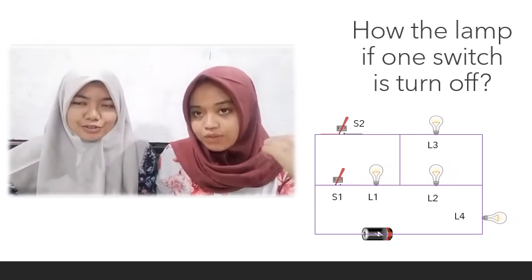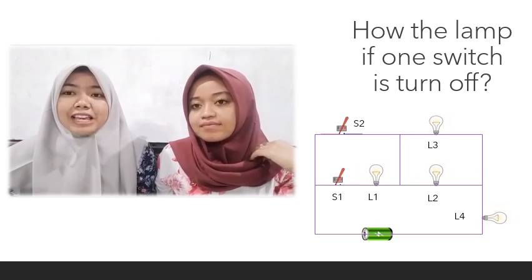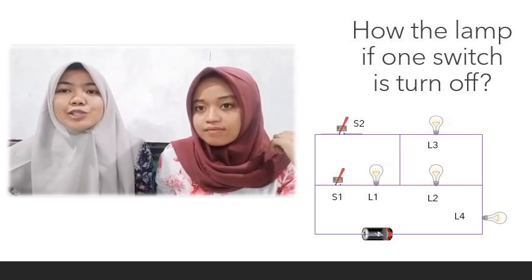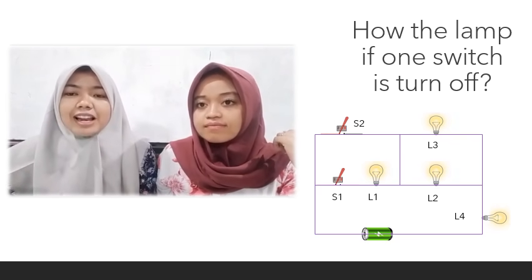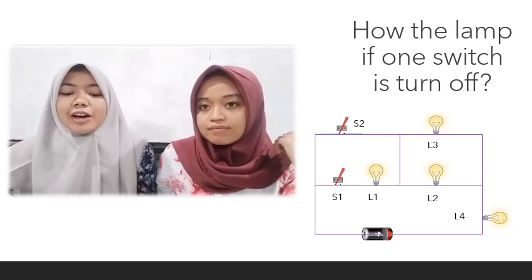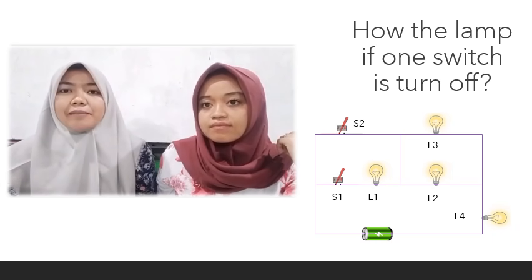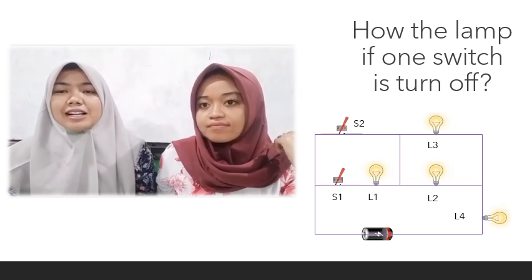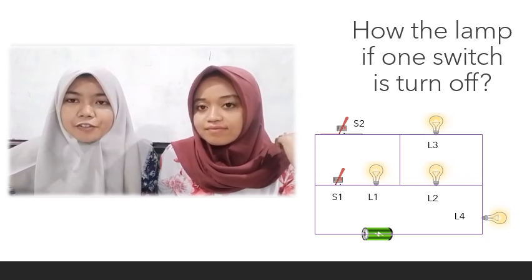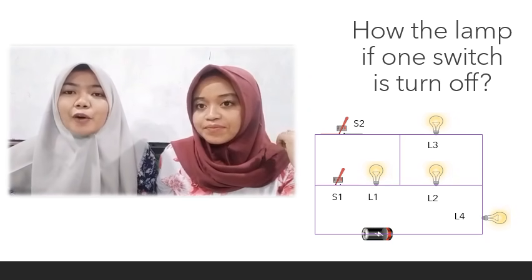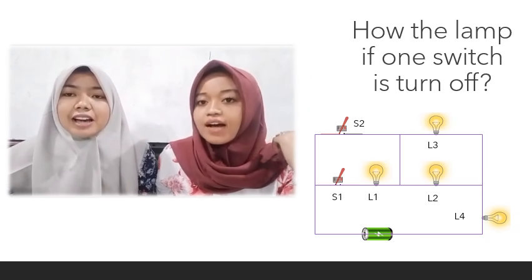And back to the electric source. So, if switch 1 is turned on and switch 2 is turned off, the lamps still on are lamp 1, lamp 2, and lamp 4. And the lamp turned off is lamp 3 because no electric current flows through it.